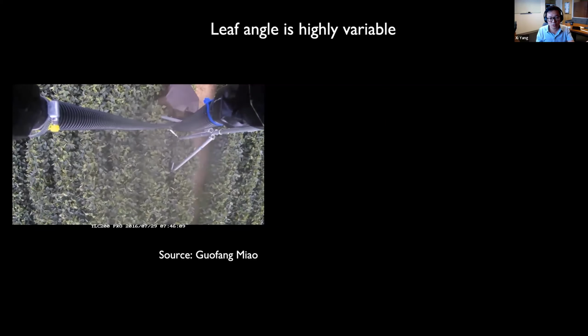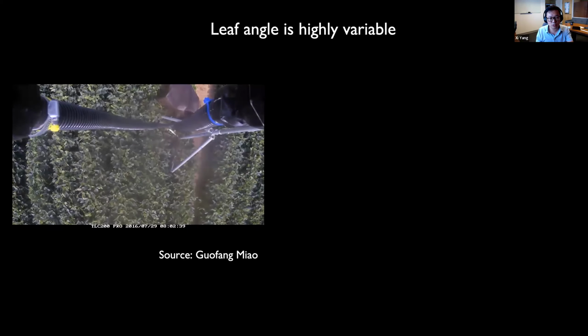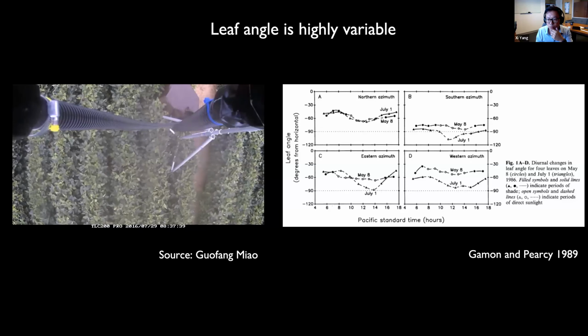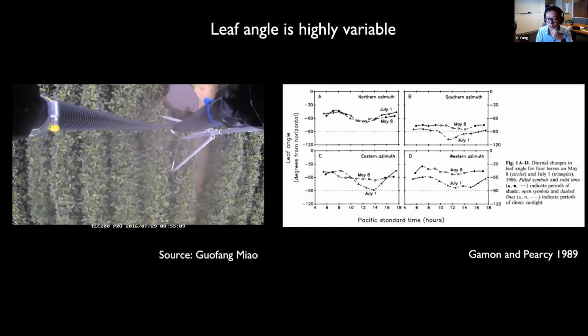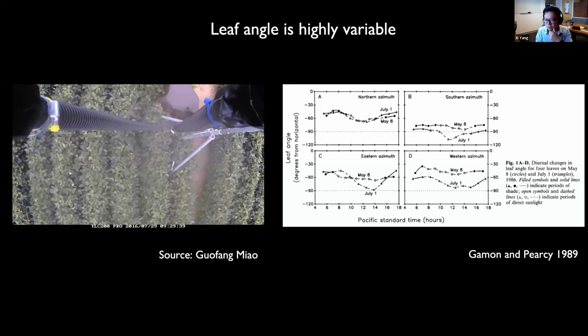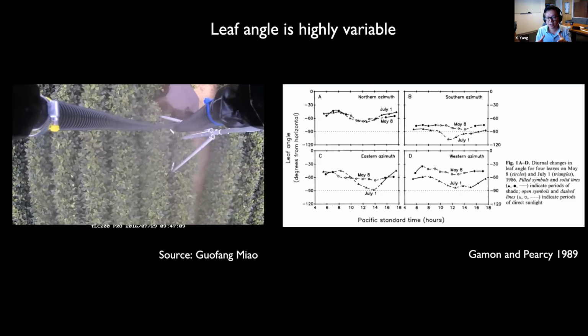This dynamic leaf angle change is not limited to soybean. There's one earlier work by John Gamon and Rob Pearcy. This, I believe, is in California, some shrub species, where they noticed a significant diurnal change in leaf angle for those plants. You can see some of those changes could be as large as, let's say here, about 40 to 50 degrees, depending on which side of the canopy you are.